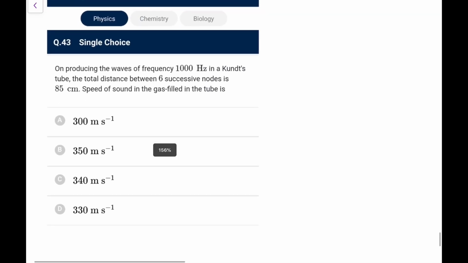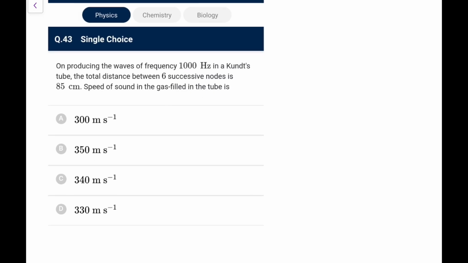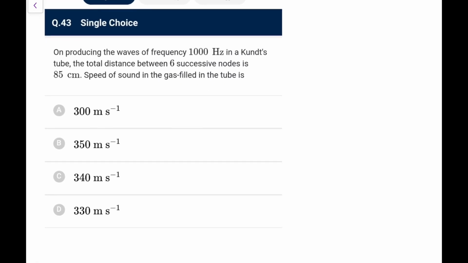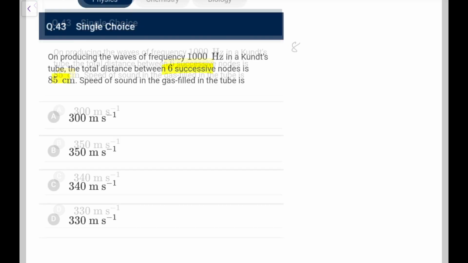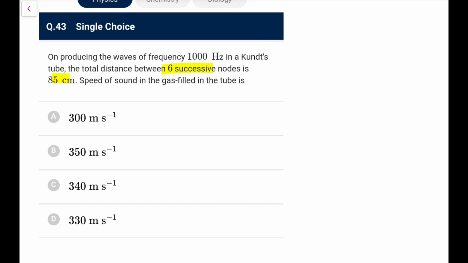Next one. On producing the waves of frequency 1000 Hz in a Kundt's tube, the total distance between 6 successive nodes is 85. That means between 2 successive nodes is 85. Here, total distance is given between 6 successive nodes, that means 1, 2, 3, 4, 5, 6. So this distance, if you calculate, would be 5 lambda by 2, because the total is 6, but the gaps are 5.